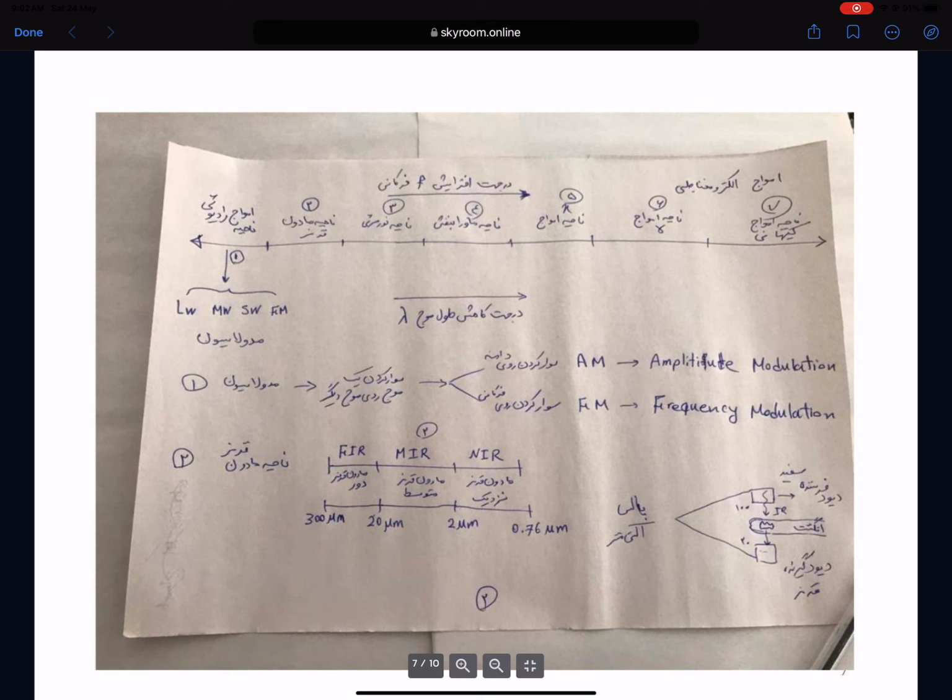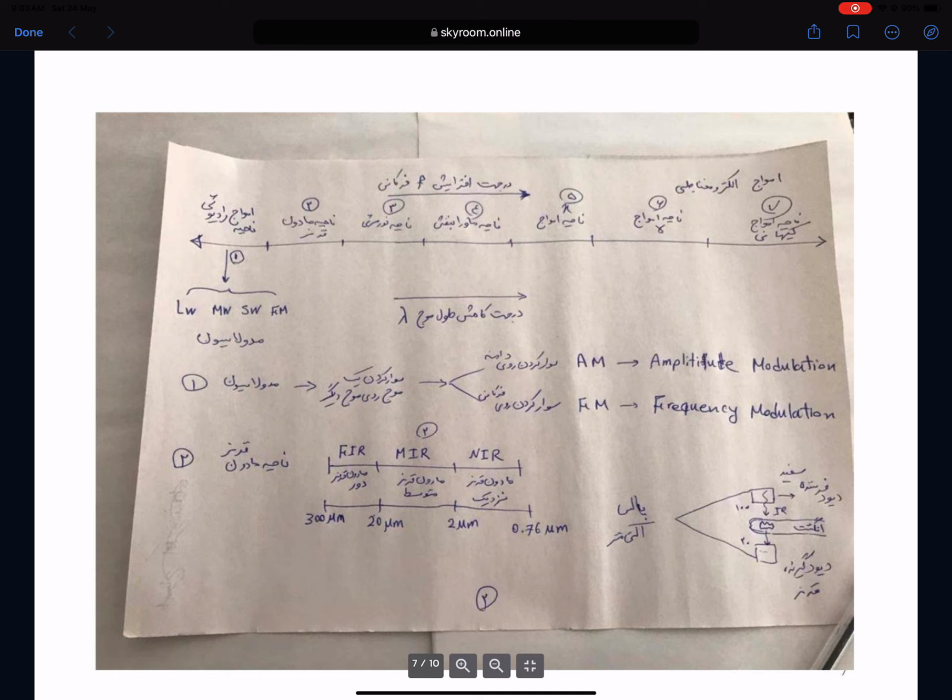So, we will start with the first region, which I showed by number 1. In number 1, we have radio frequency, which has a lot of applications in medicine, but for my lecture and my course it's not very important, so I don't want to talk about it too much. Just pay attention to this.